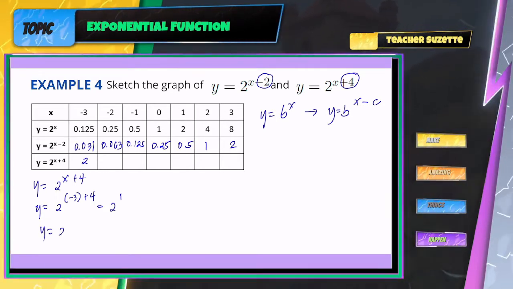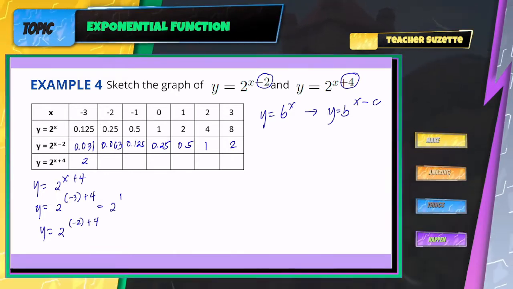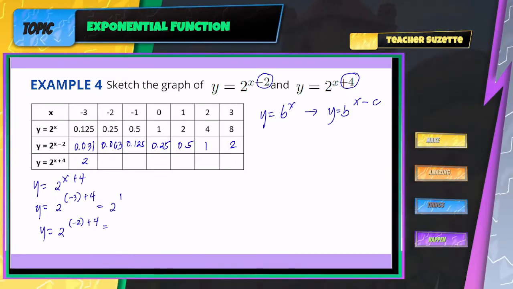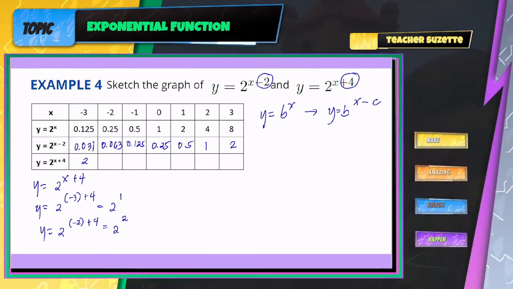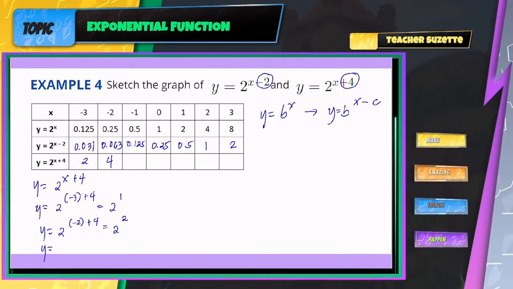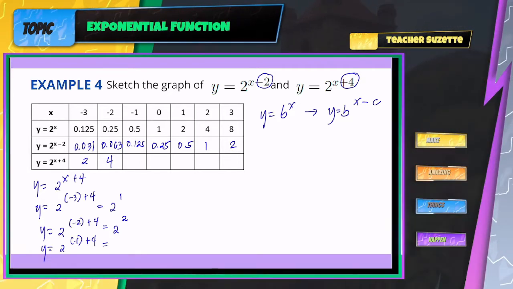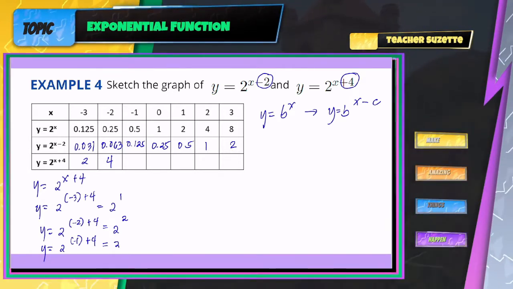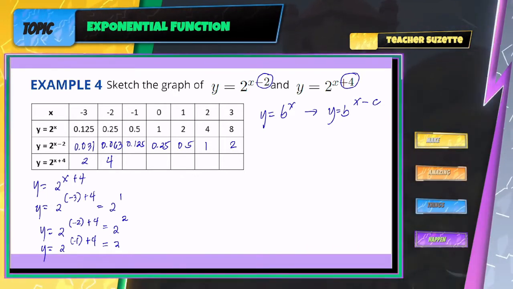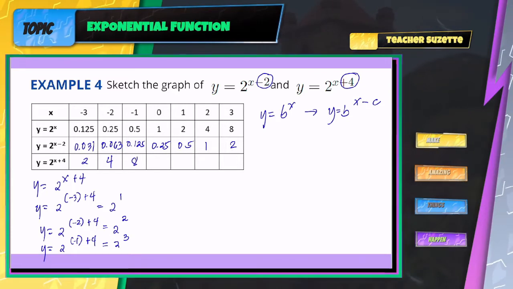Next, y is equal to 2 raised to negative 2 plus 4. Negative 2 plus 4 is equal to positive 2, and 2 raised to 2 is equal to 4. Next, y is equal to 2 raised to negative 1 plus 4. Negative 1 plus 4 is equal to 3. So, 2 raised to 3 is equal to 8.